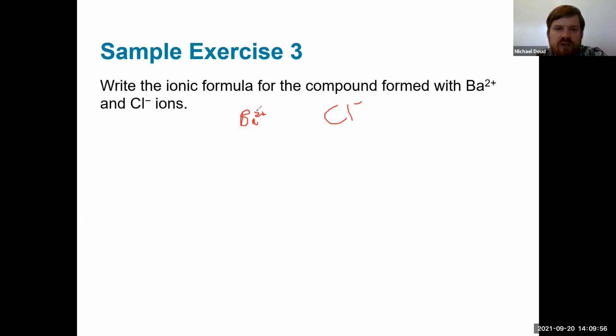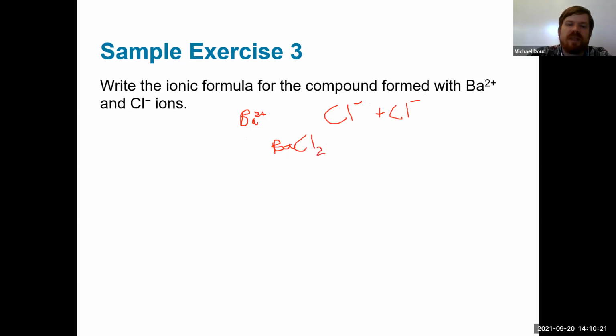Well, if we have 2 positive charges from the barium, we need to have an equal number of negative charges from the chloride. To get 2 negative charges to balance out the 2 positive charges, we have to have 2 of the chloride ions. So in other words, it has to be 1 Ba to 2 Cls, or BaCl2.